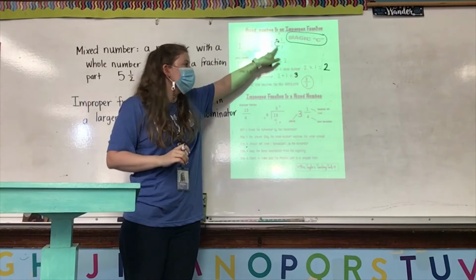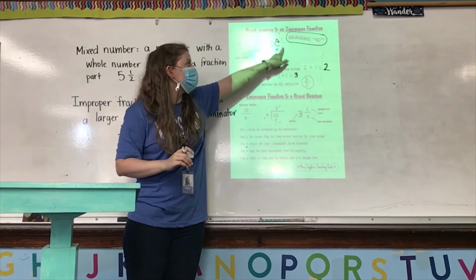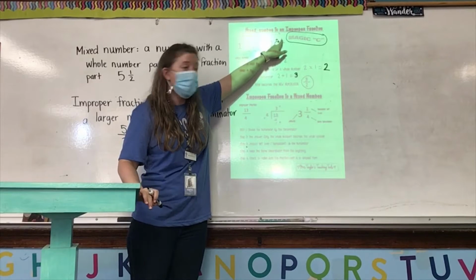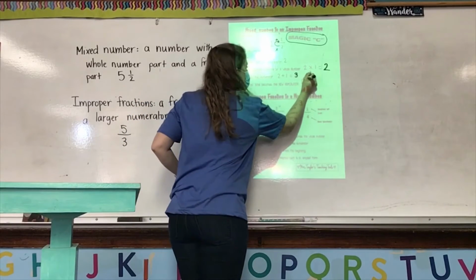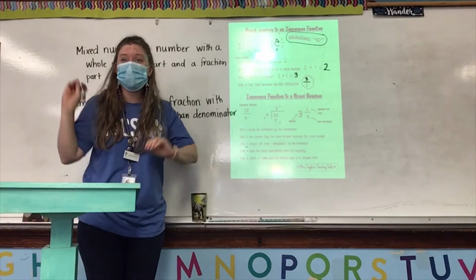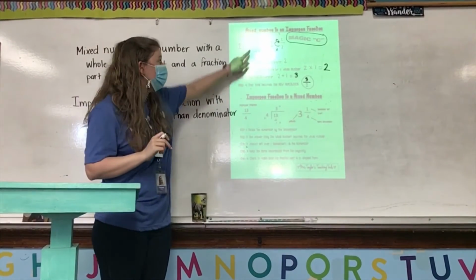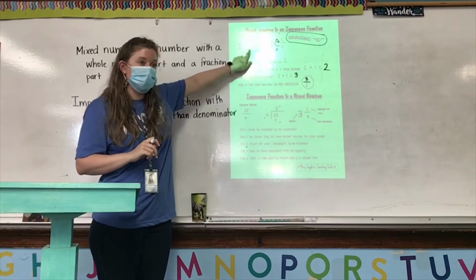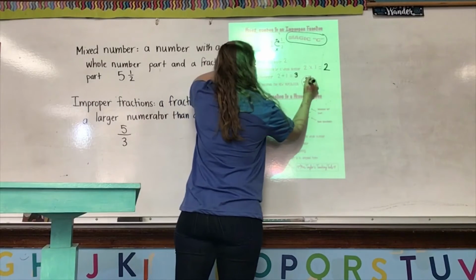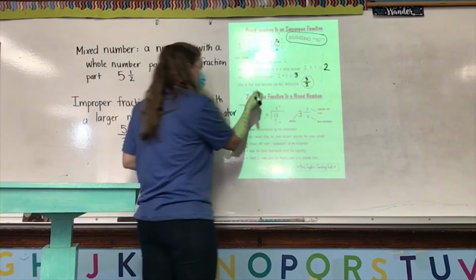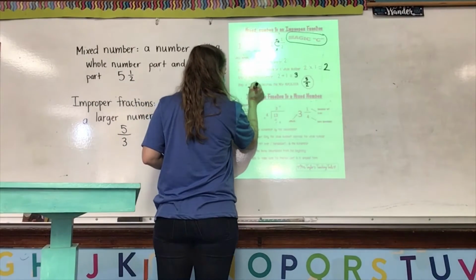The answer to our magic C, denominator times whole number plus numerator, is our new numerator. The denominator stays the same. Whatever denominator we started with, that doesn't change. Only the numerator changes.